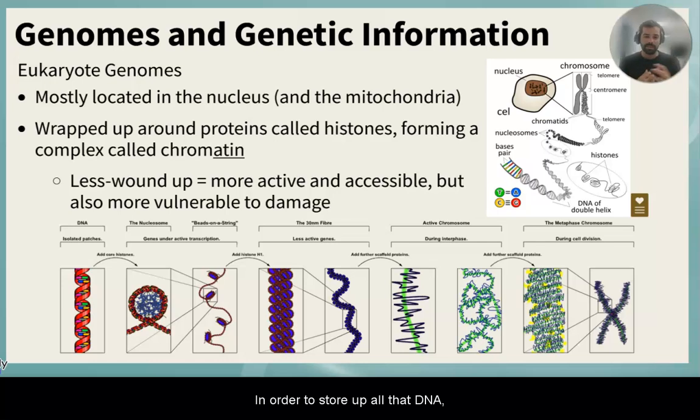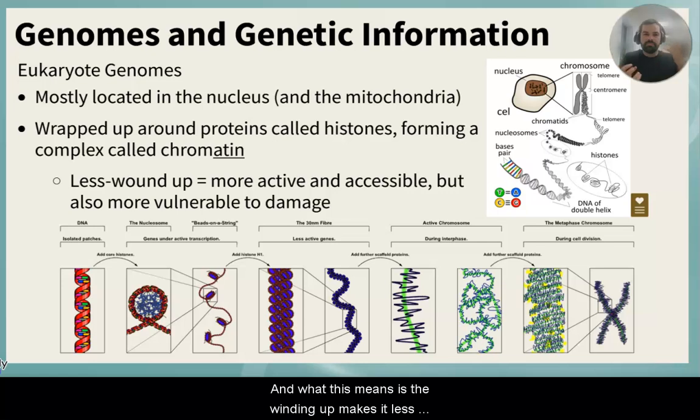In order to store up all that DNA, it ends up getting wrapped around proteins called histones, forming these individual nucleosomes. Those end up interacting with one another, as we'll see in a video a little bit later, to form a substance called chromatin. That gets wound up, more tightly packed.